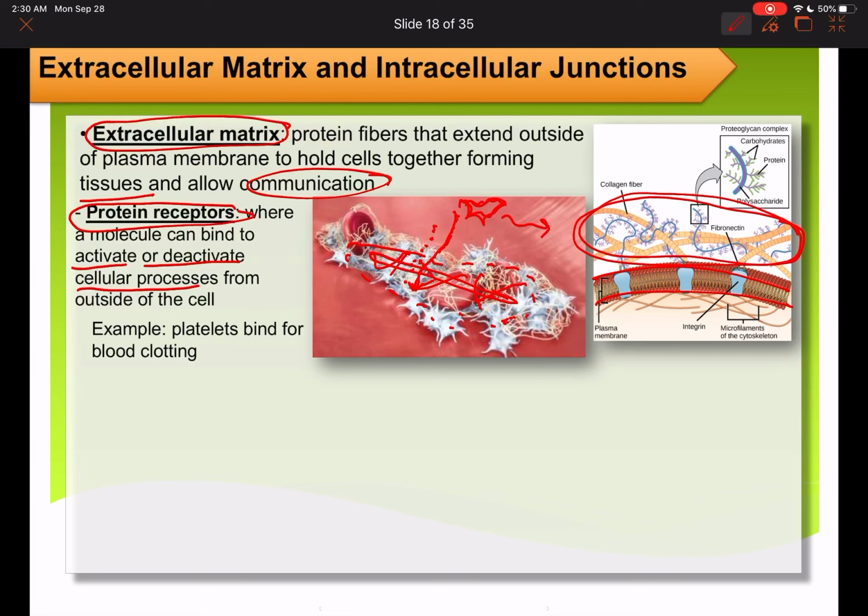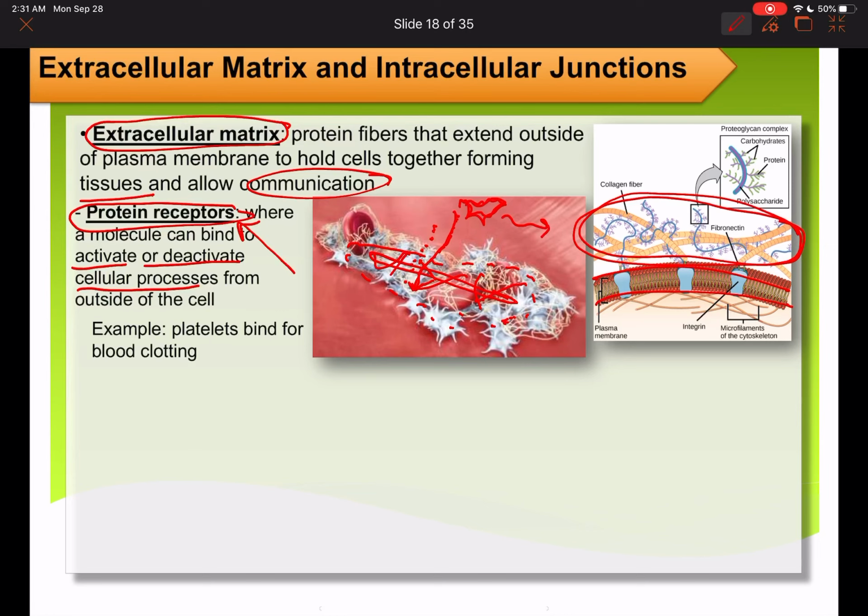So that's an example of how important protein receptors are. They are for communication purposes, if we need to activate or deactivate something. In this case, we needed to activate a clotting process, which is why that protein receptor is necessary. Another classic example is insulin receptors.